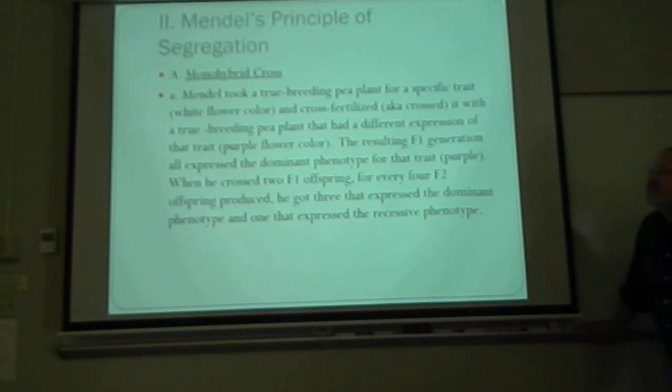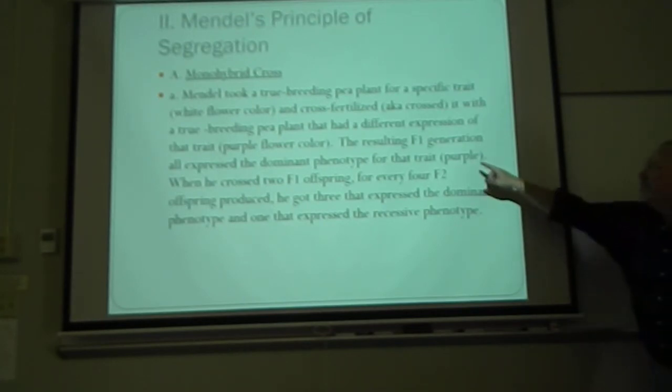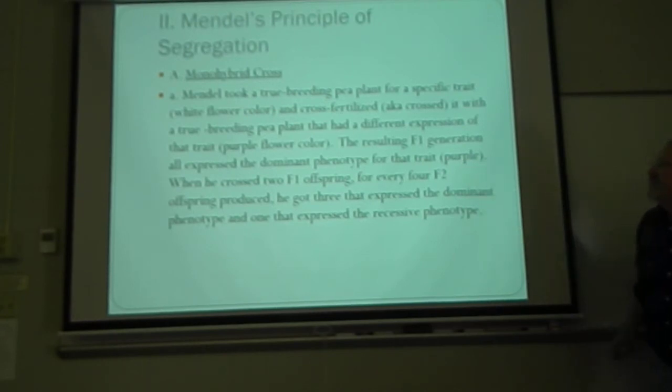When he crossed two F1 offspring, one purple with another purple, then for every 4 individuals in the next generation, he got 3 that expressed the dominant phenotype. So he got 3 that were purple, but then he got 1 that expressed the recessive phenotype, white.